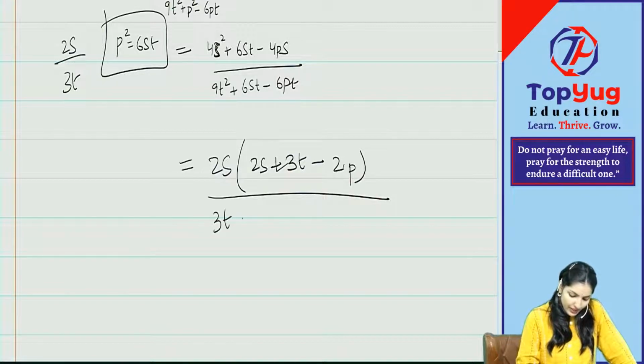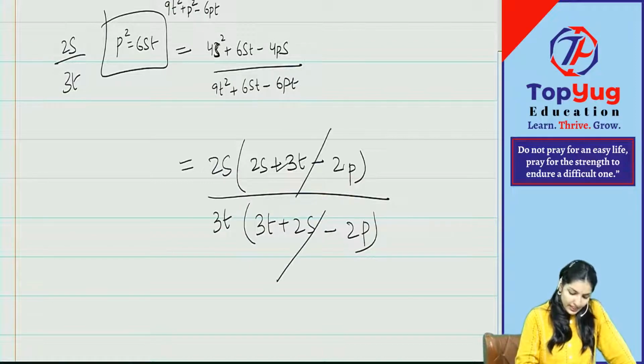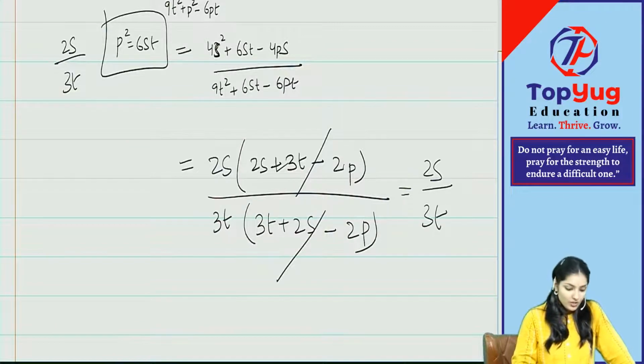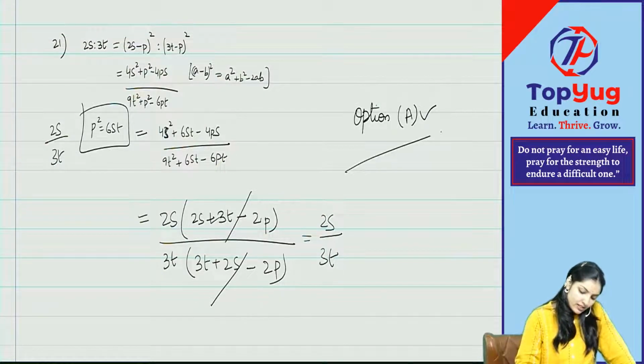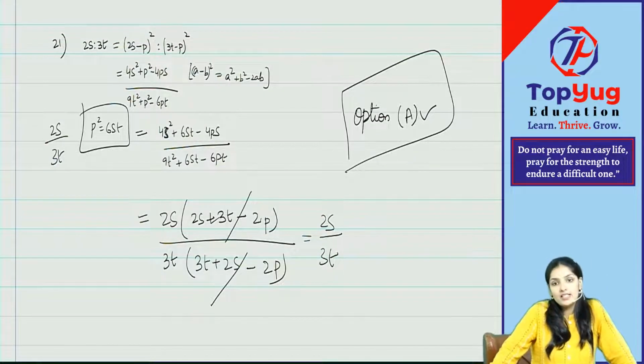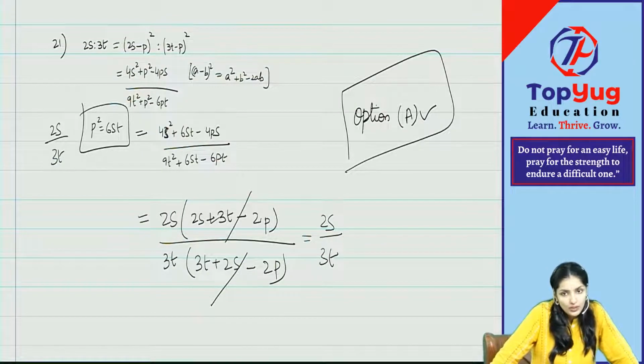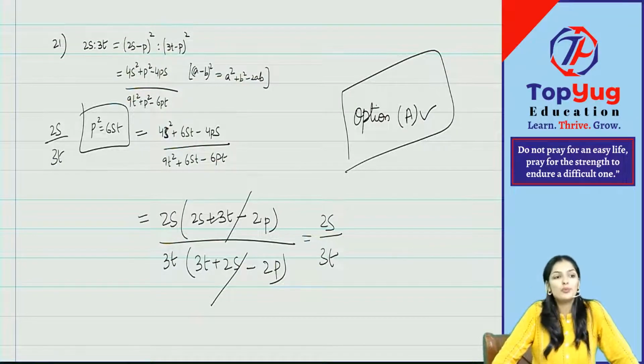Similarly, if I take 3t common, it is 3t plus 2s minus 2p. Can I cancel? I'm left with 2s by 3t. Therefore option A is the right answer. Am I clear? The first time you get a little confused, but as and when you practice it gets easier.